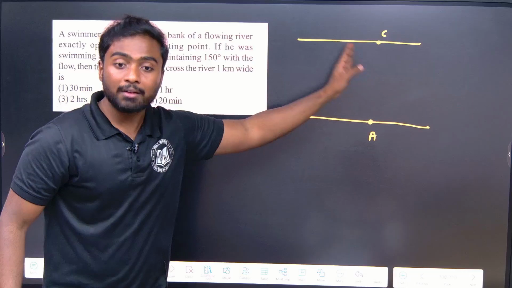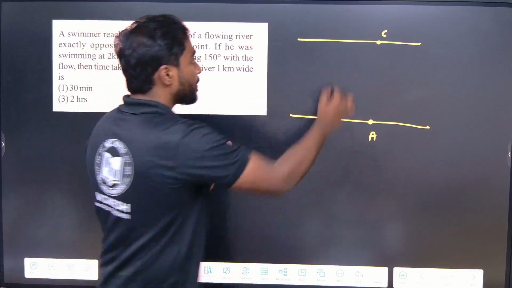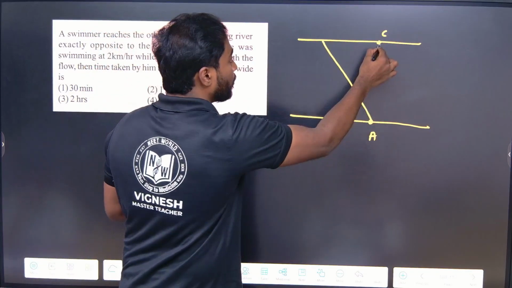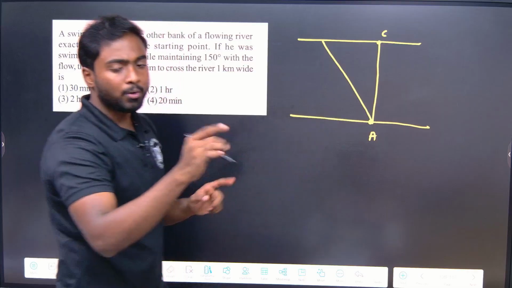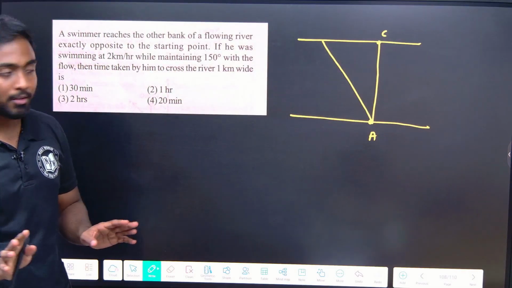Then he should have made some angle to reach over there, which means I should take this diagram, right? Only two diagrams are there, one is shortest time and one is shortest distance, that's it.